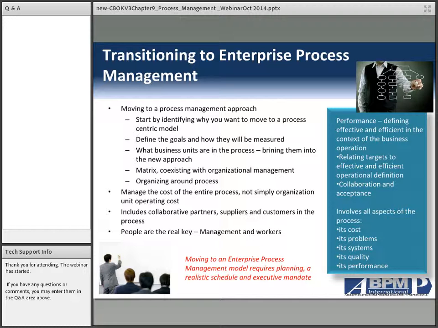Overall, the value proposition, we'll talk about that a little bit later, but it deals with the ability to have an enterprise view of what's going on, to have a different type of planning at the process level, a different way of tying that planning into strategy to deliver that strategy through the processes as opposed to strictly through the organization.